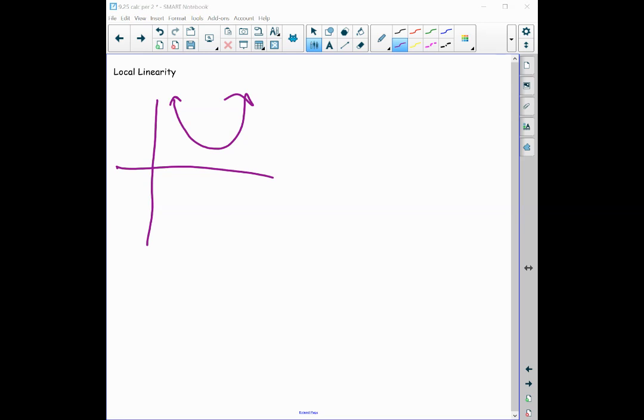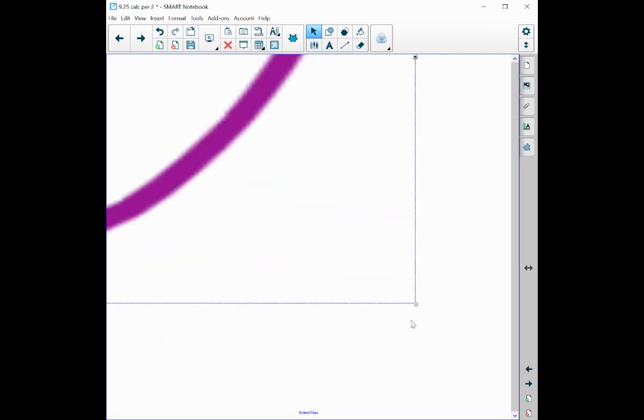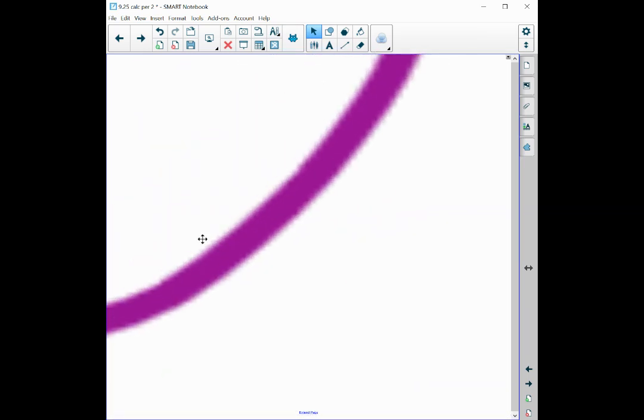Okay, so I'm going to take a picture of one part of this graph, which is a parabola. It's definitely curved. Now, what makes it differentiable, another way you can tell, is if I zoom real close into this function and I look at that place, it's starting to look more and more linear.